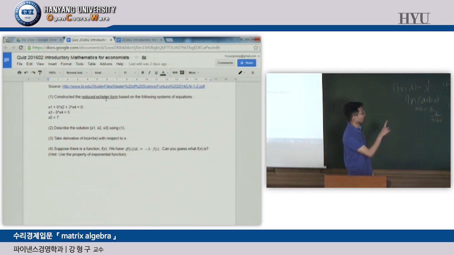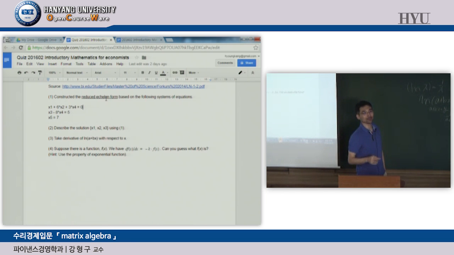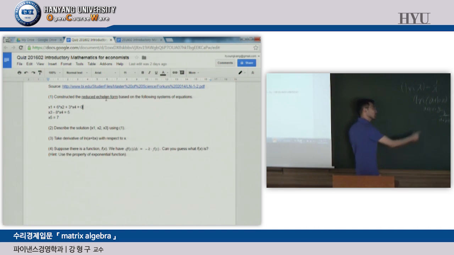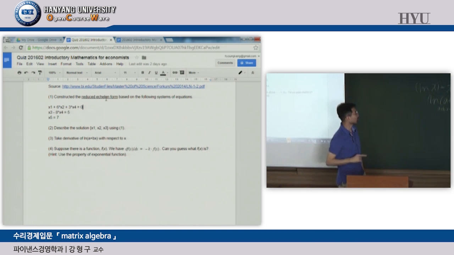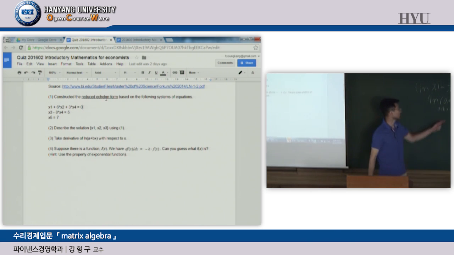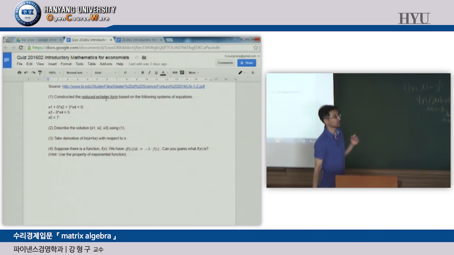The first part is simply 1 over a plus bx, 1 over y. Now you have to add the second part: the derivative of a plus bx with respect to x, which equals b. This is the solution. So it is the chain rule, y and y prime. Any questions?